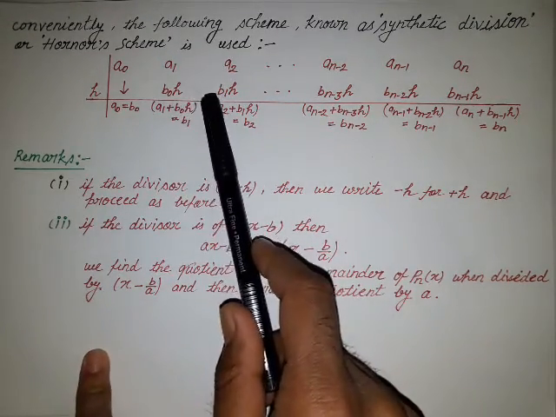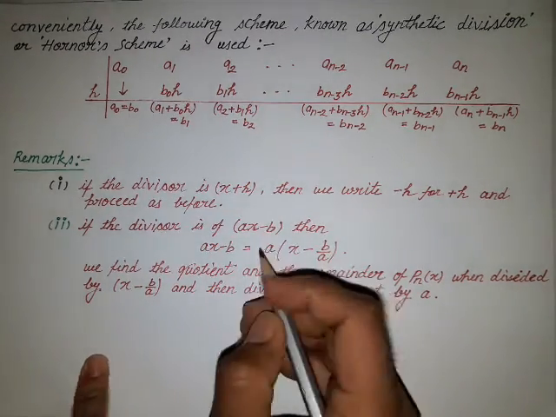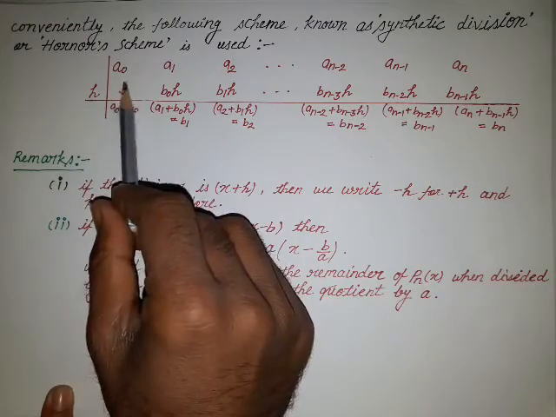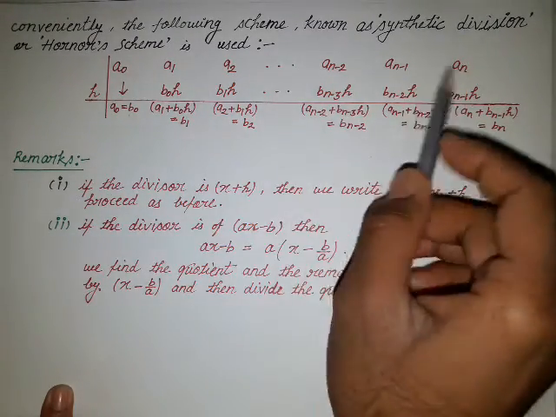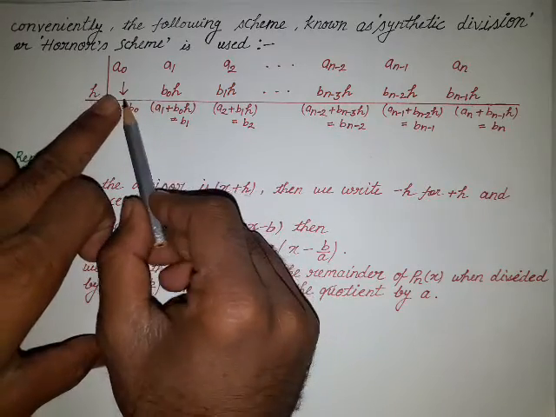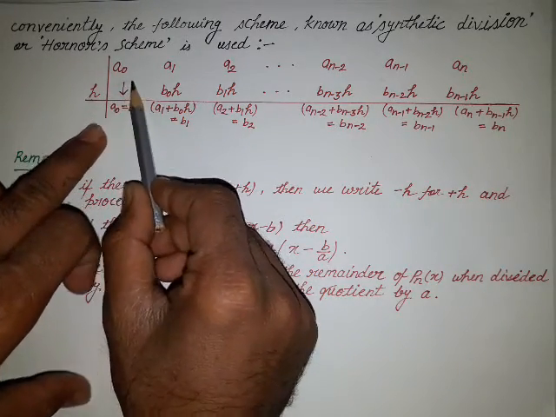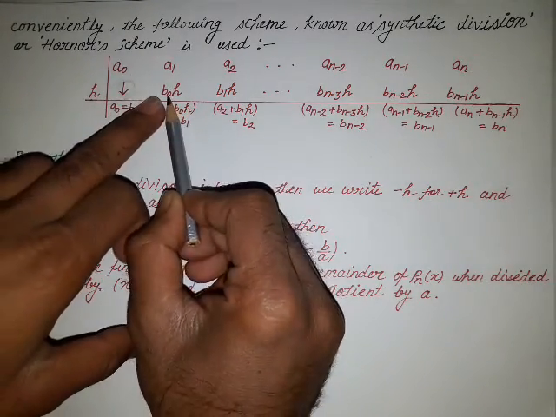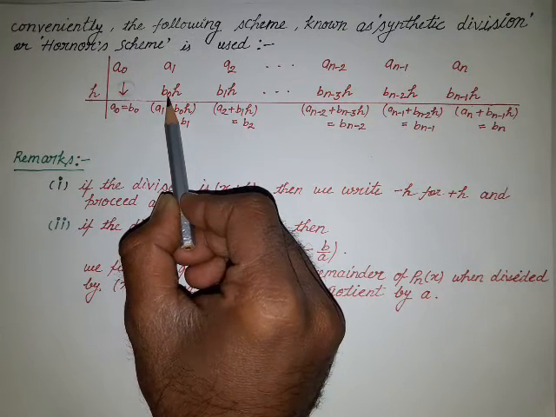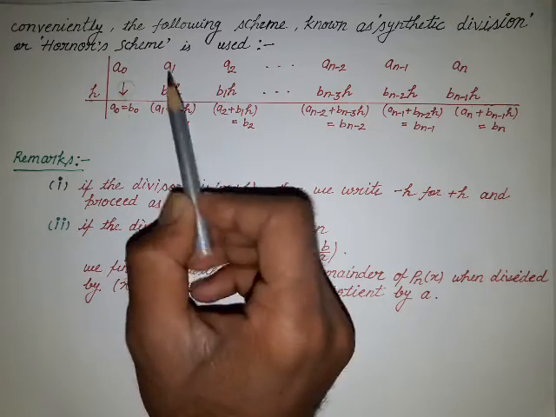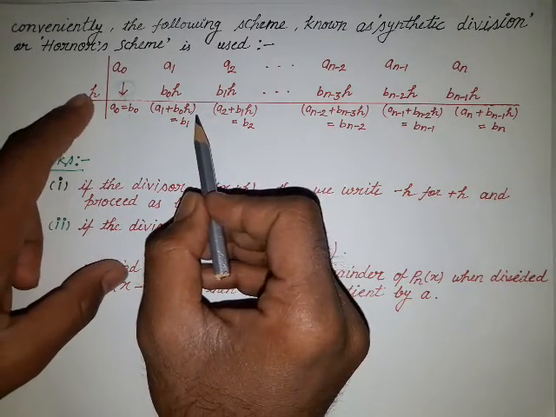So we can find this scheme by first writing the coefficients of the polynomial p(x) in the first row, and by leaving the first place we write the coefficients of the quotient q(x) by multiplying by h.